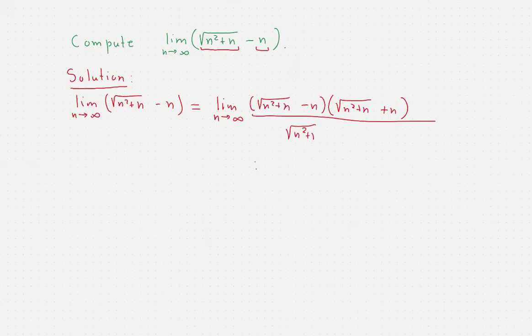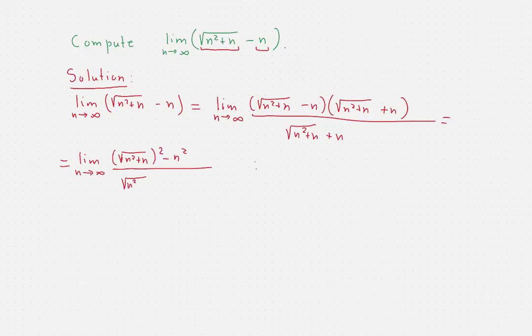And we come up with the limit as n tends to infinity of square root of n squared plus n minus n, over square root of n squared plus n plus n.